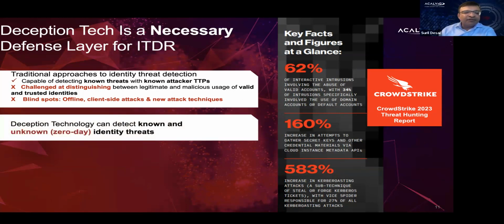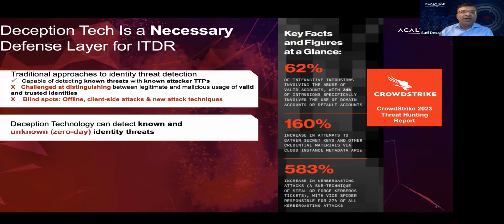Deception technology brings a fundamentally different and powerful approach from an identity threat detection perspective. One of the key tenets of deception technology is that it can detect known as well as unknown or zero-day identity threats. As you will see once I discuss further about Kerberoasting, some of these techniques are relatively new, and so our existing security is unable to detect them.